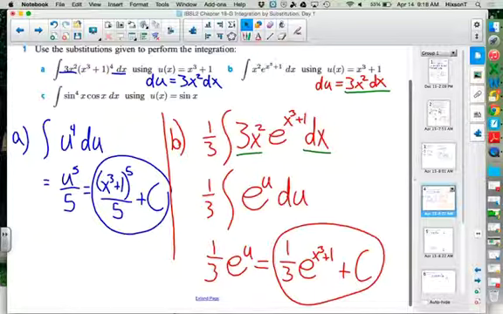Partly, well, in this case, with part A, if we wanted to find that integral without using u substitution, we would have to multiply out x cubed plus 1 to the 4th power. We'd have to expand that, and then distribute the 3x squared to everything, and then we could use the rules that we already know. Okay?